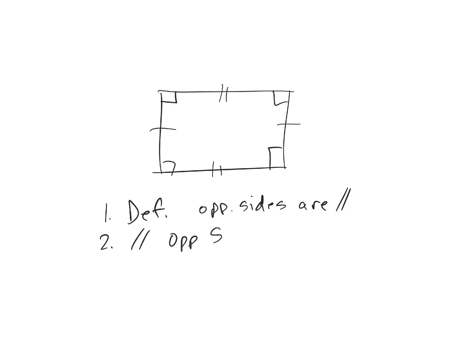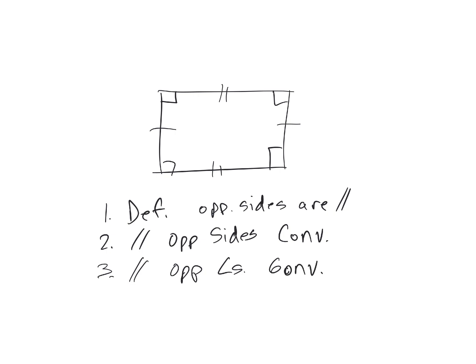So you have definition, both pairs of opposite sides are parallel. Parallelogram, let me just write them down here. The definition of a parallelogram, opposite sides are parallel. So that's the definition of a parallelogram. Number 2, parallelogram, opposite sides converse. Number 3, parallelogram, opposite angles converse.